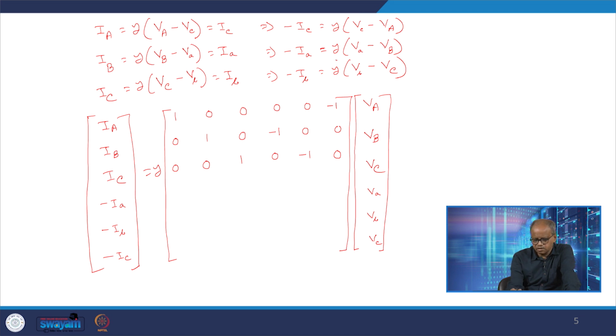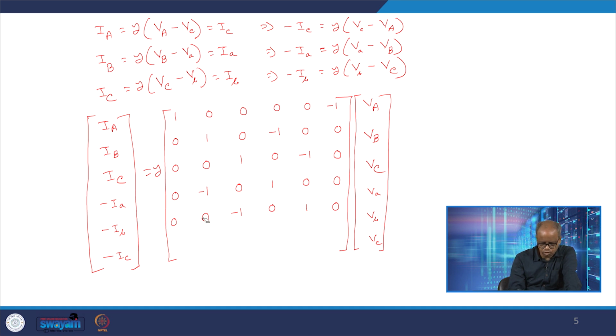Minus IA is y into V small a minus V capital B. So, 0 minus 1 0 V small a 1 0 0. Minus IB is y into V small b minus V capital C. So, 0 0 minus 1 V capital C and VB 0 1 0, and minus IC is y into V small c minus VA.